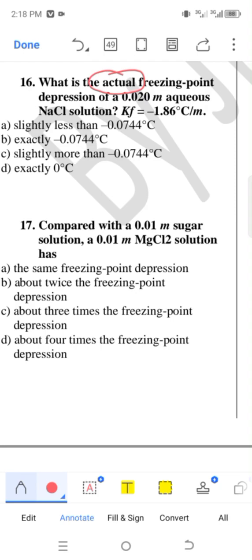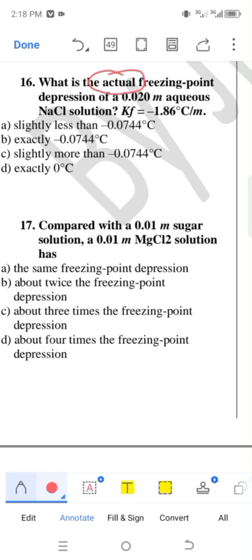We will be discussing this when we're back to school, but shortly let me tell you what it means by the actual. For the electrolytes, there will be differences between actual and expected values: the value actual which is performed by experiments in lab, and expected which we calculate theoretically in the school.